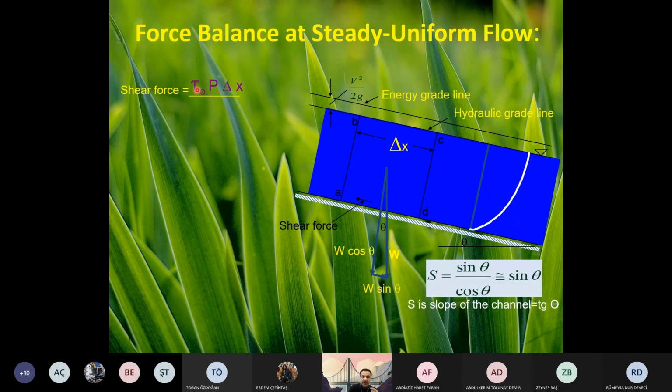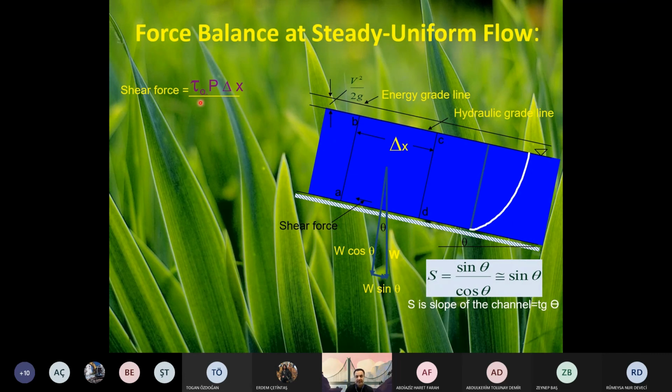This is a parameter that depends on the physical condition of natural channels, depends on the material of the bed, depends on if it is a canal, depends on the construction. If the canal is from stone, if the canal is from concrete, or if there are some grasses within the canal. This is something like a friction factor.